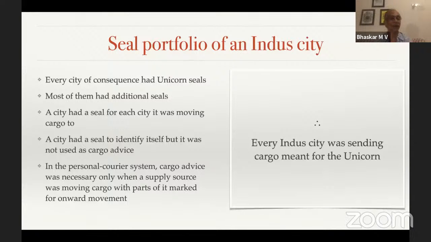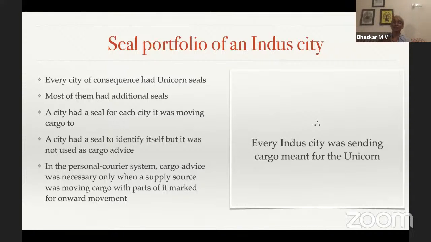Everybody seems to have understood that convention, and everybody seems to have had the technology to make these seals. And most of them, of course, had additional seals. They knew to make the unicorn seals, and therefore the unicorn seals were there in their portfolio. They also made additional seals like the elephant seal, or a buffalo seal, or a markhor seal, or an ibex seal, and so on and so forth.